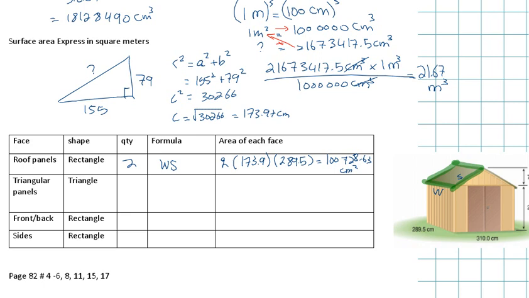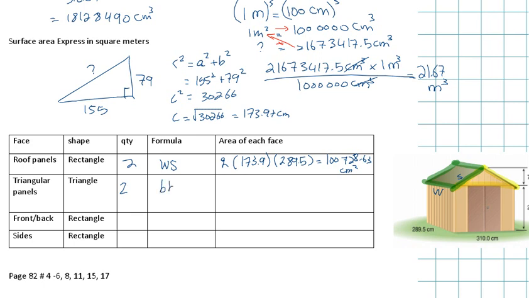The area of a triangle is base times height divided by 2. So this is the base, this is the height, and then I have to divide that by 2.